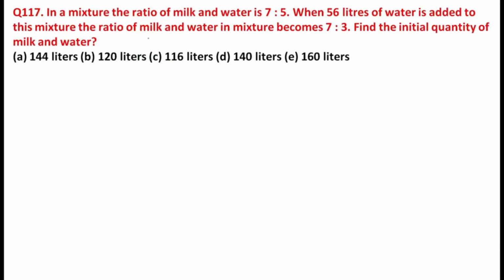In a mixture, the ratio of milk and water is 7 is to 5. When 56 liters of water is added to the mixture, the ratio of milk and water in the mixture becomes 7 is to 3. See guys, initially milk and water are in the ratio of 7x, 5x. We're just adding water of 56 liters.